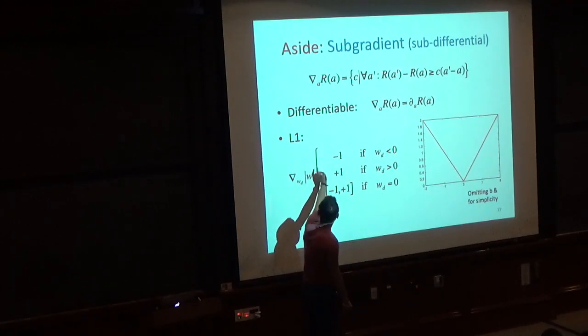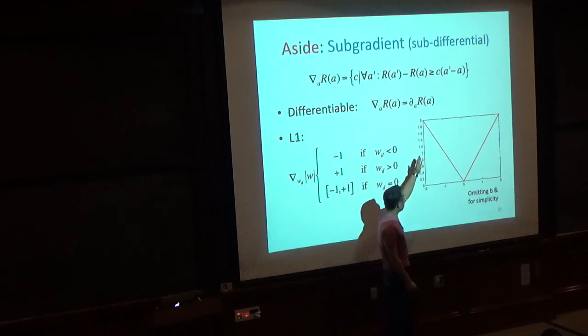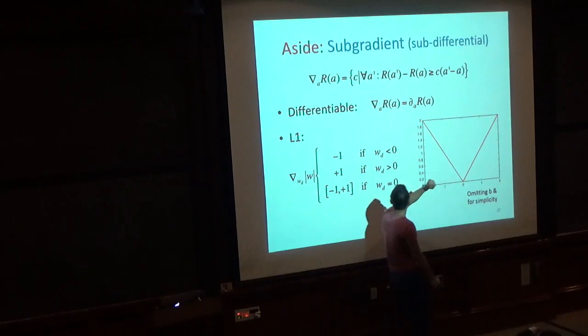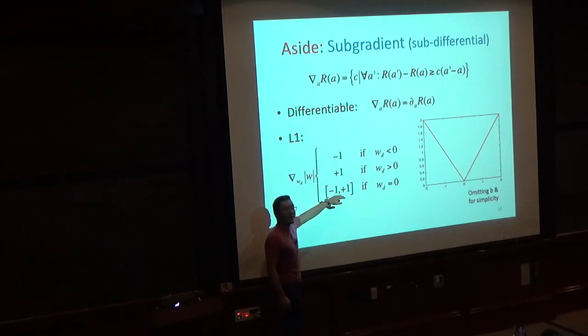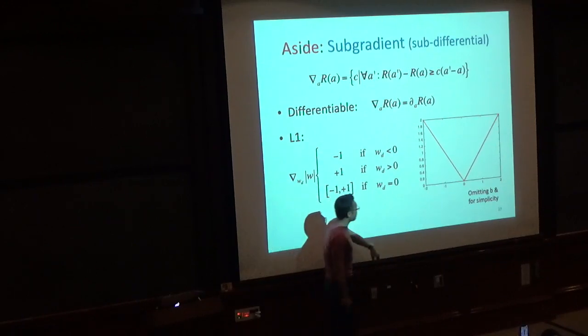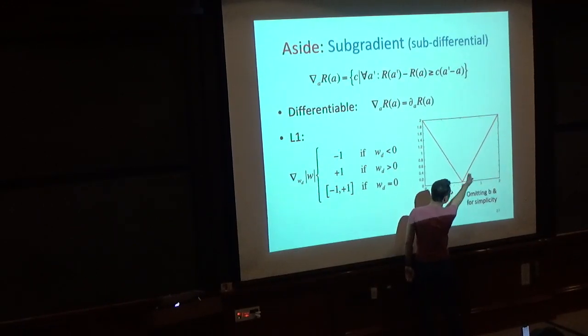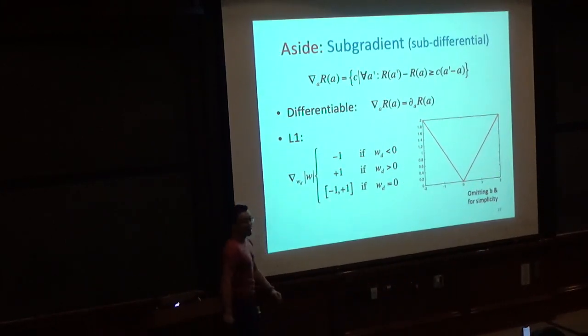So for any individual dimension of W, if W is negative, then the slope is this. If W is positive, then the slope is this. If W is exactly at 0, the slope can be anywhere between -1 and +1. Those are all valid subgradients at W equals 0.